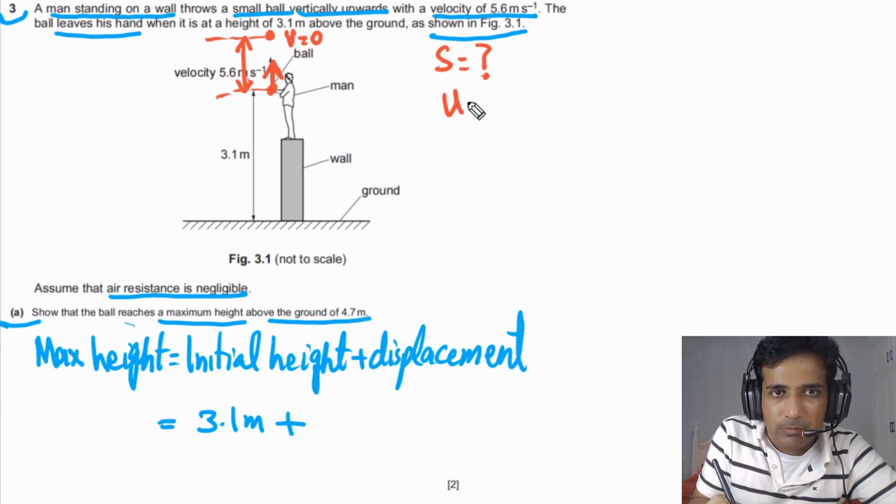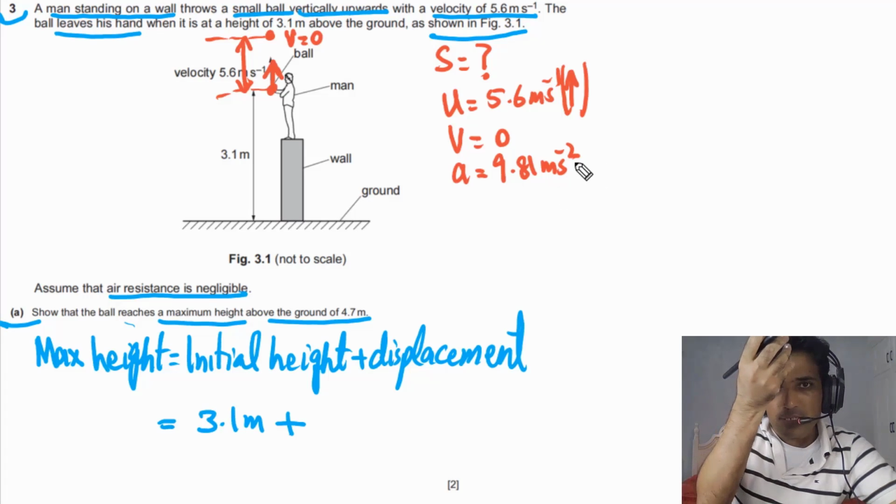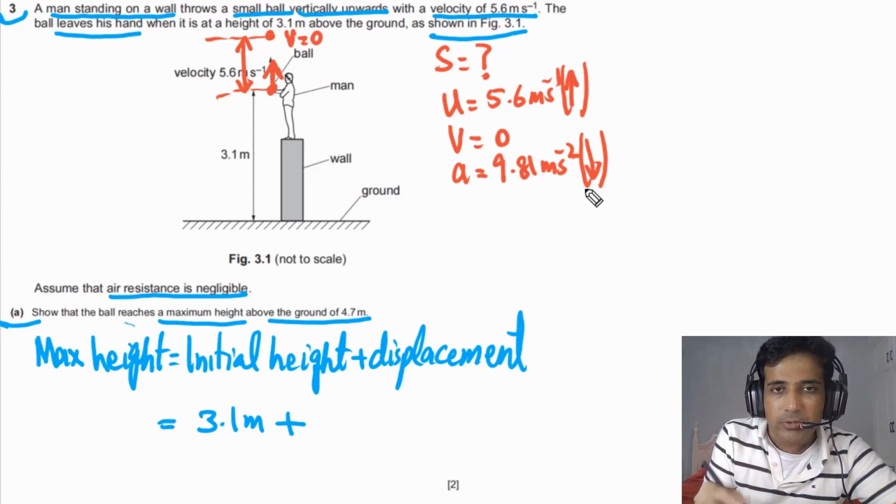Initial velocity u is given, equal to 5.6 meters per second, directed vertically upwards. The final velocity v is 0 at maximum height, and a is equal to 9.81, the acceleration due to gravity. As gravity is acting down, the direction of acceleration is downwards.